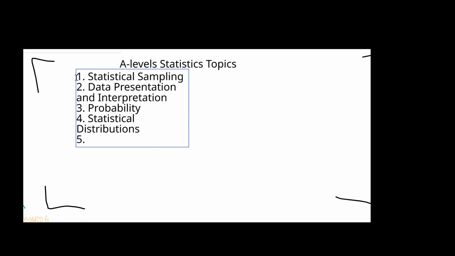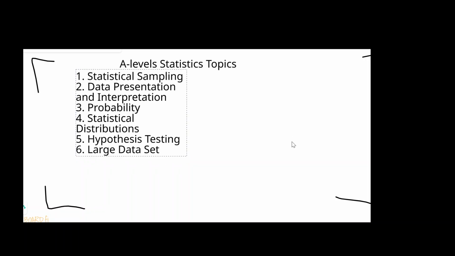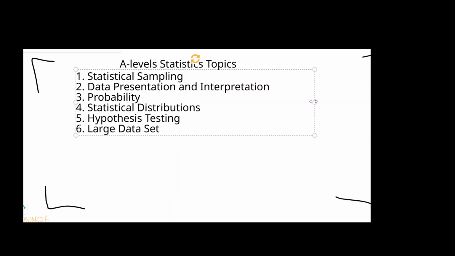Number 5, we have hypothesis testing. And the last one is large data set. Okay, so this brings us to the end of all the topics that you will be covering in A level maths if you are doing A level mathematics.